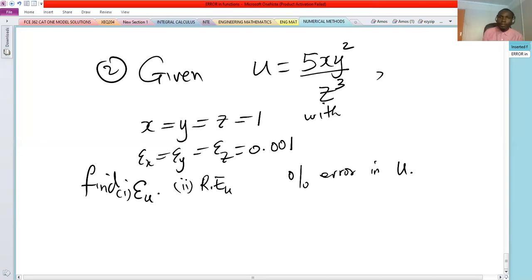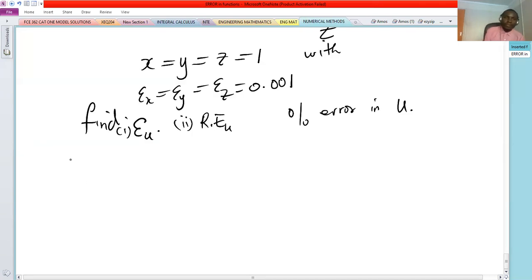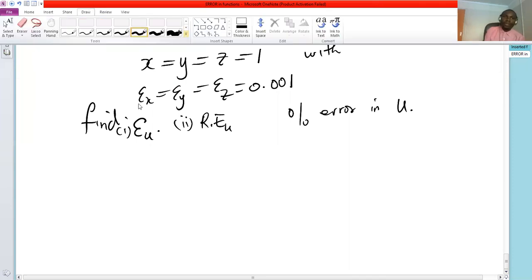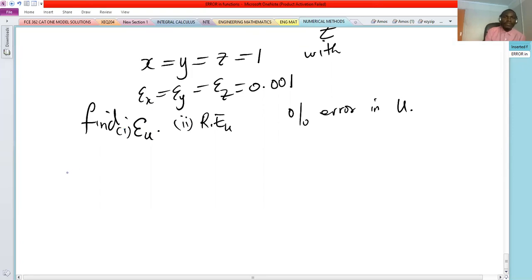So the first thing is that we have to find the value of the function first. So the value of u, remember u is a function of 3 variables, x, y, and z, given by 5xy squared z to the power minus 3.